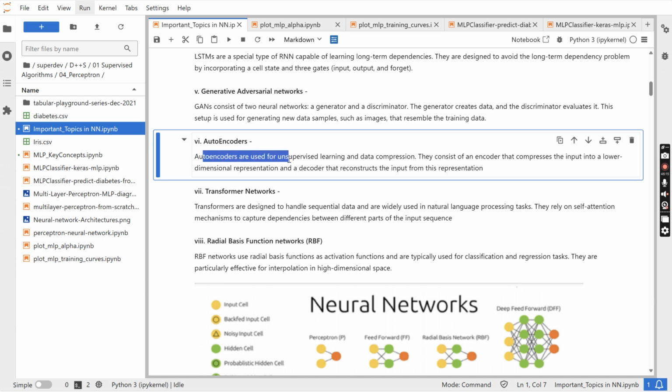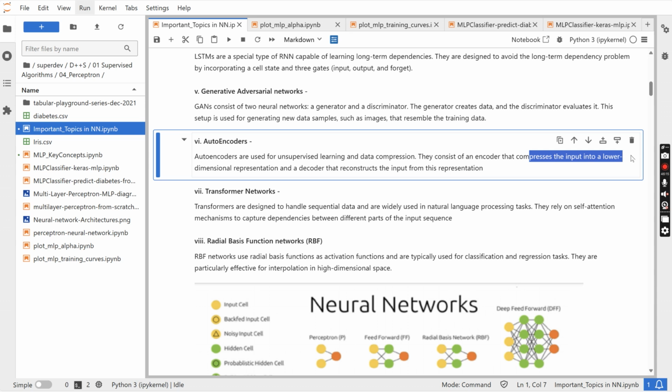Next is autoencoder. Autoencoders are mostly used for unsupervised learning, where no human has evaluated whether something is true or false. In such environments autoencoders are used. Basically they can be used for data compression.